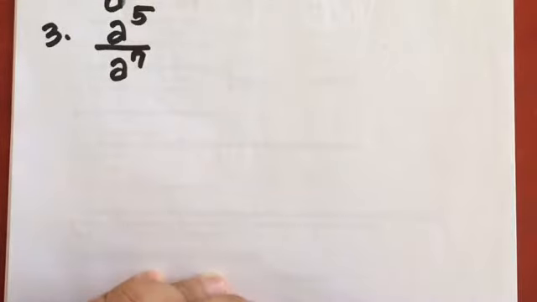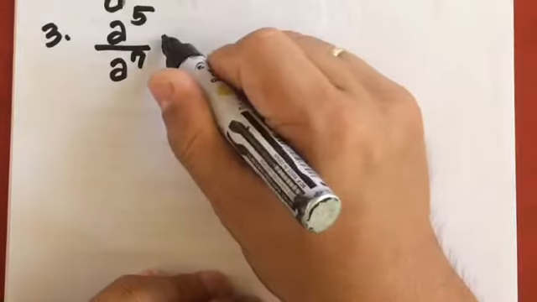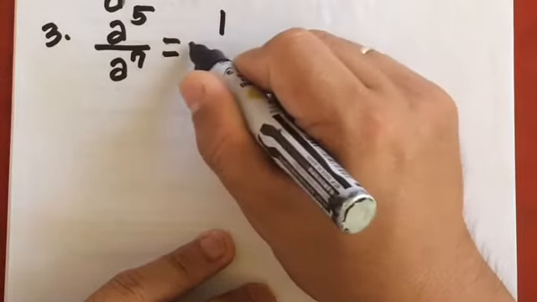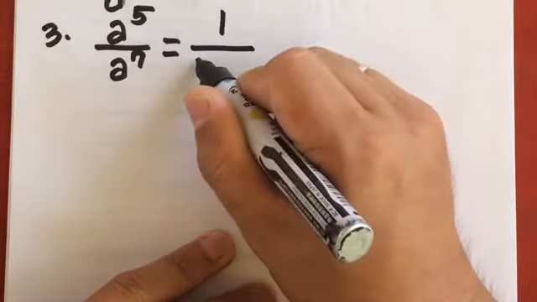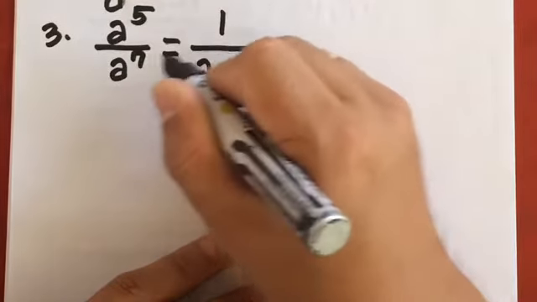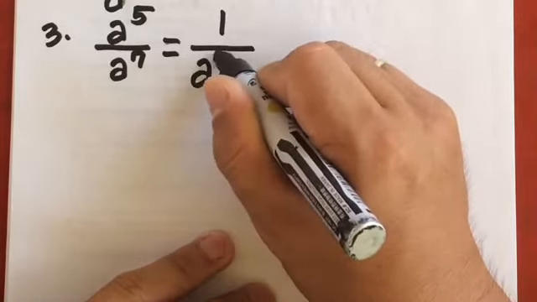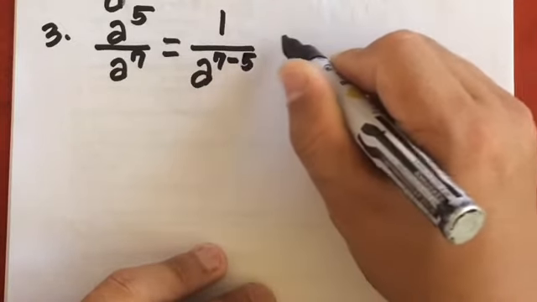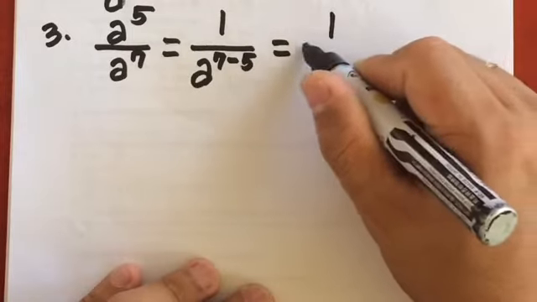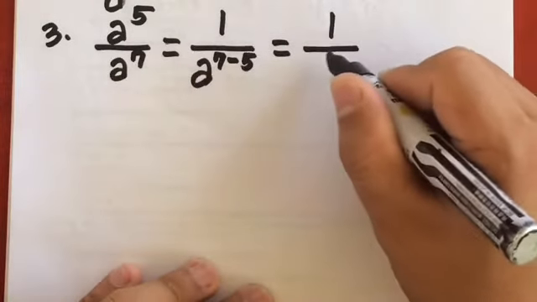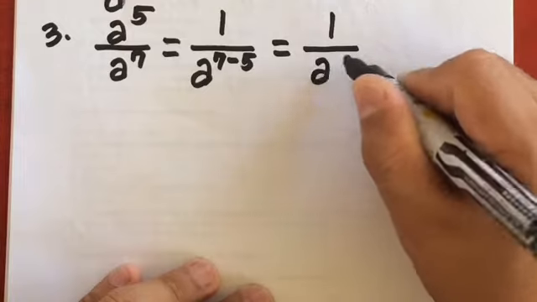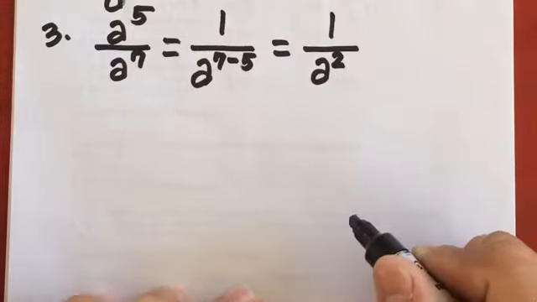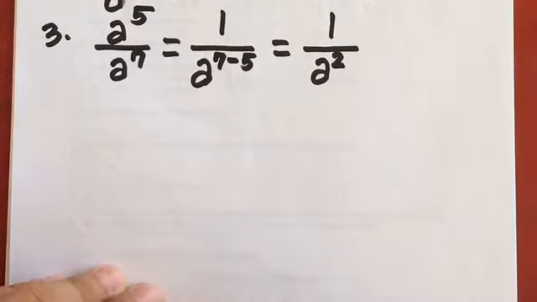We're going to copy 1 over the base, which is a, then subtract the exponent of the numerator, which is 5, from the exponent of the denominator, which is 7. So this will be 1 over a to the power of 7 minus 5, which is 2. So the answer for number 3 is 1 over a squared.